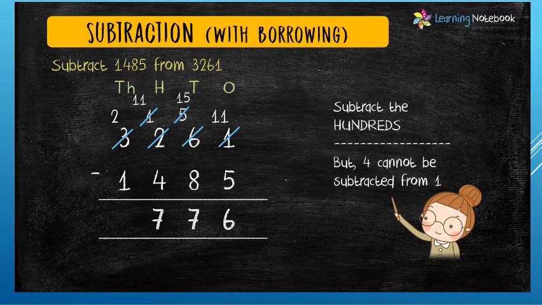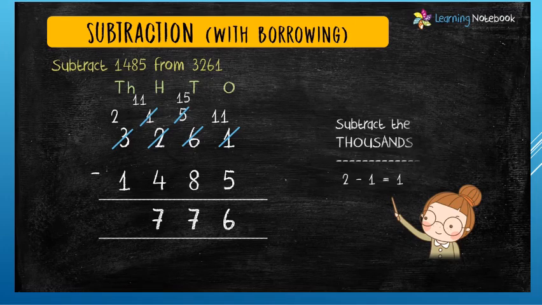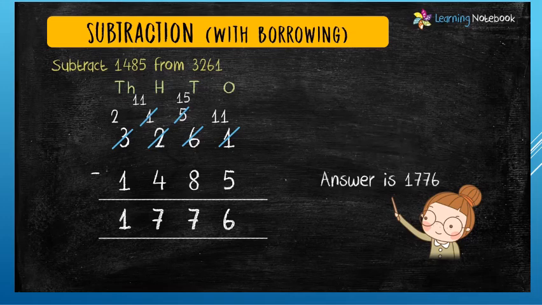In the end, let's subtract the digits at thousands place. 2 minus 1 equals 1. So we get the answer as 1776. So this is how we do subtraction of 4-digit numbers with borrowing at all the places.